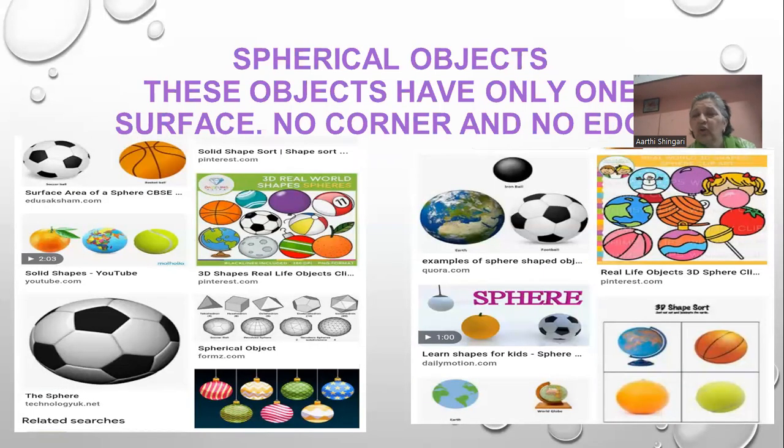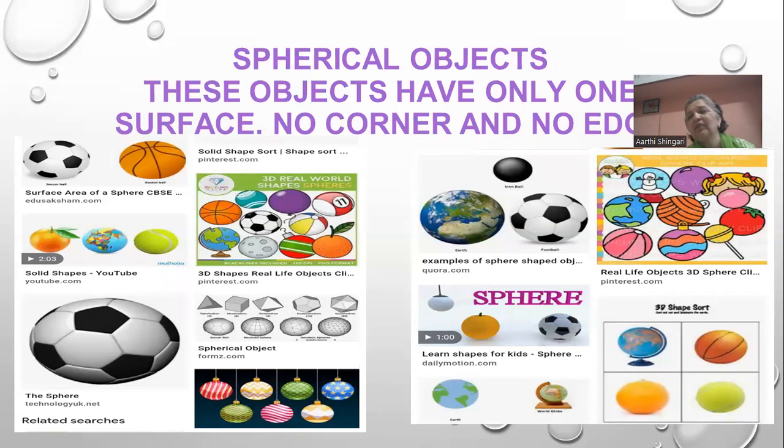Next is spherical objects. Spherical object means round shaped objects. It has only one surface, which is curved surface. It has no edge, no corner. And the best example is ball with which you play. Ball, you can see there is only one surface, round.